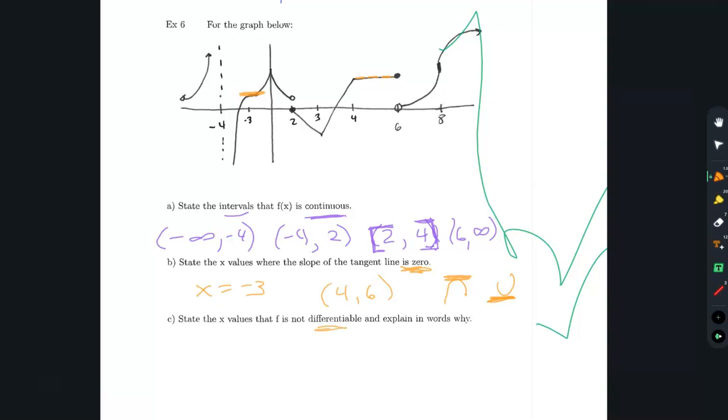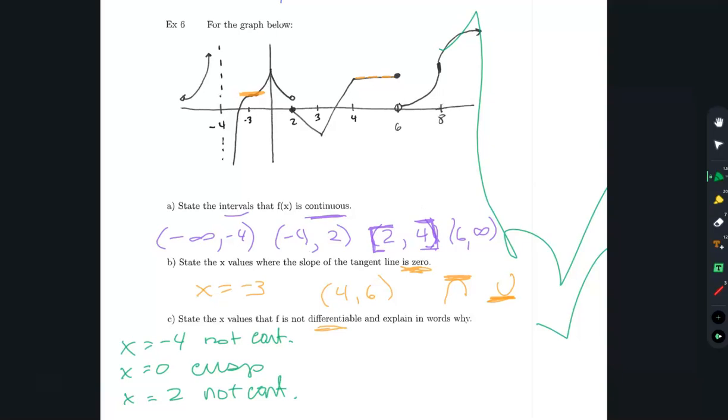And then when is it not differentiable? Okay, so it's not differentiable at x equal -4 because it's not continuous. And it's not differentiable at x equals 0 because that's a cusp. And it's not differentiable at x equal 2 because it's not continuous.